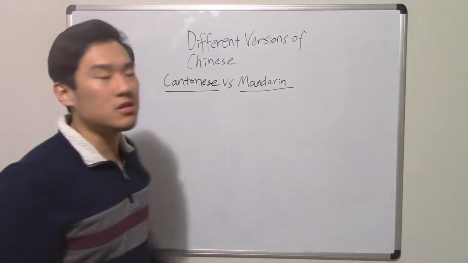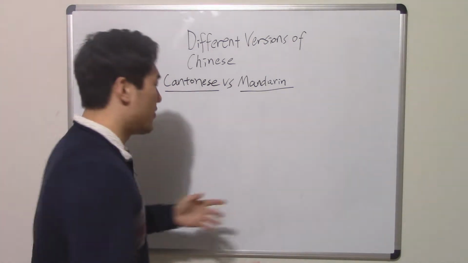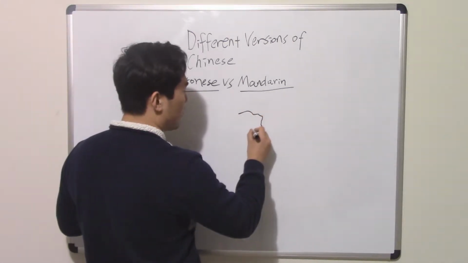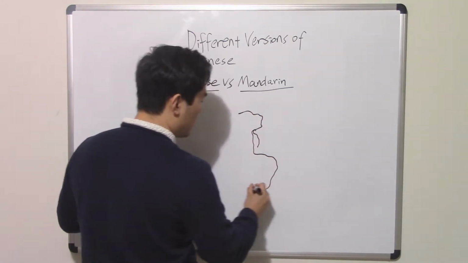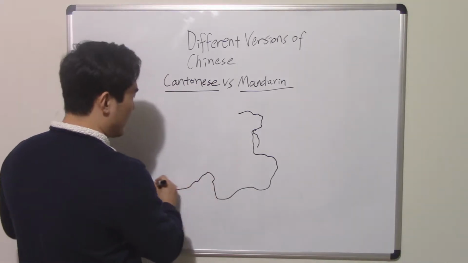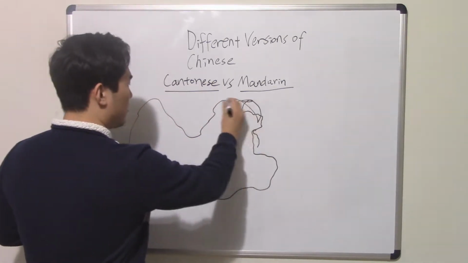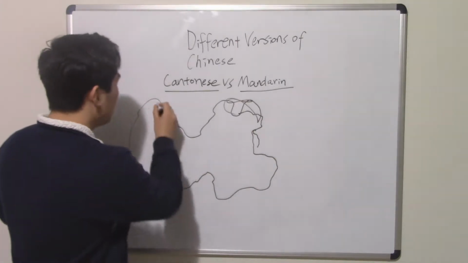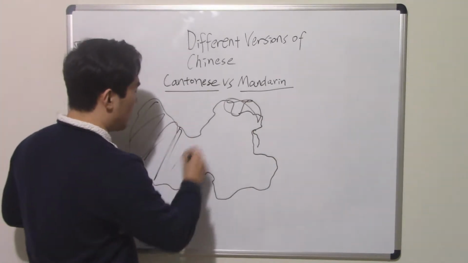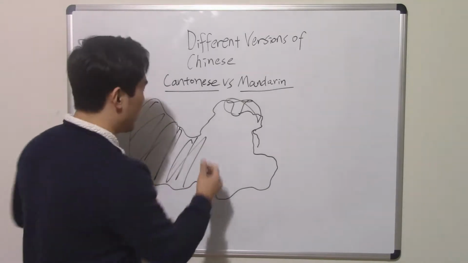Mandarin is basically how people in the entire mainland China, if I can draw that, something like this, speak. It is the official language, at least.